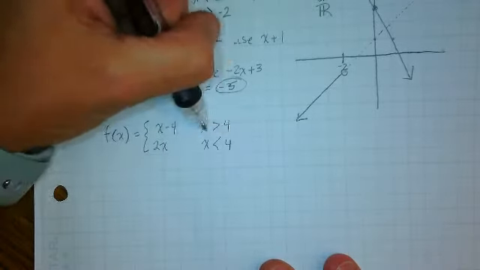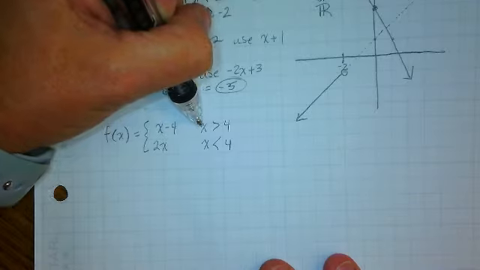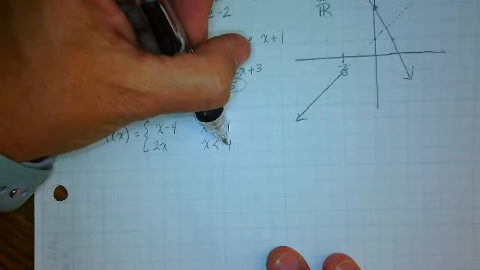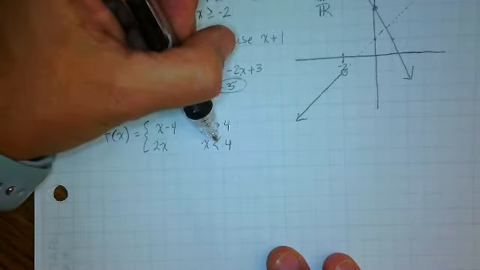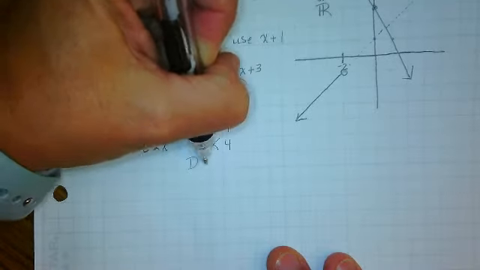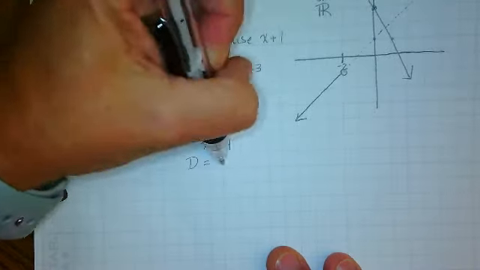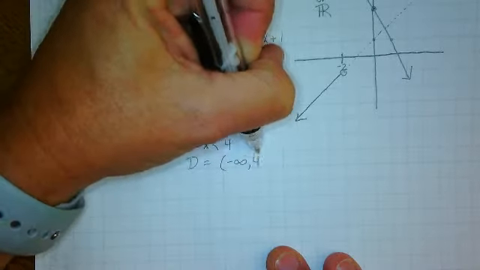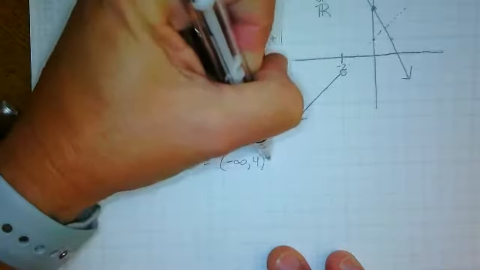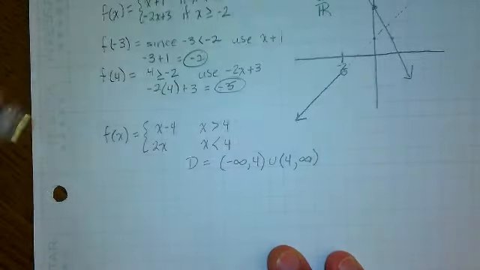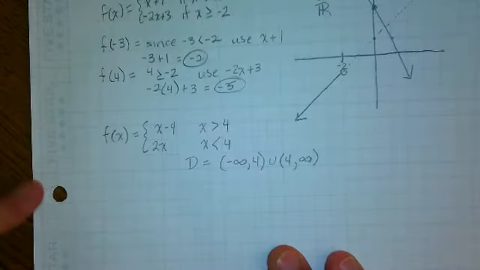So we don't need to graph this as much as realize that they're telling us we can take any number greater than 4 and we can take any number less than 4. But we can't actually take the number 4 itself. So the domain of this would equal from negative infinity to the number 4. It would skip over the 4. You would union that with 4 to infinity.